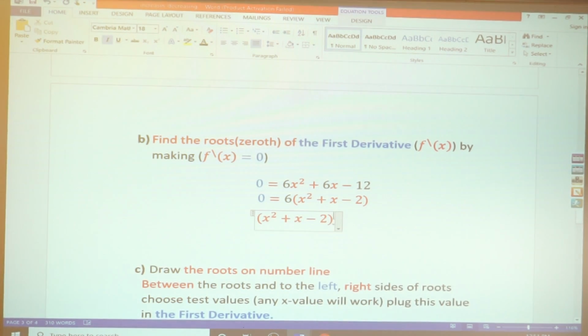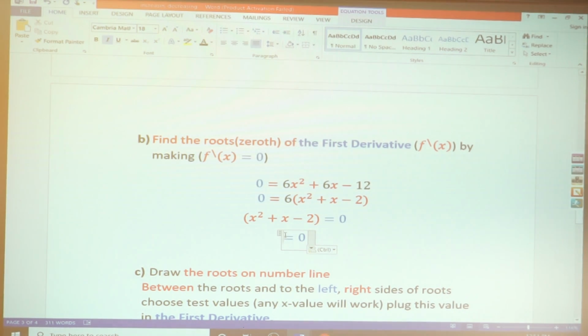Then this part only is equal to 0. Now you have to factor this from basic algebra. You open 2 parentheses. You factor this: x and x. Now I need 2 numbers.